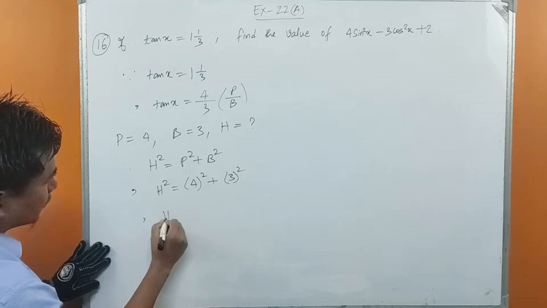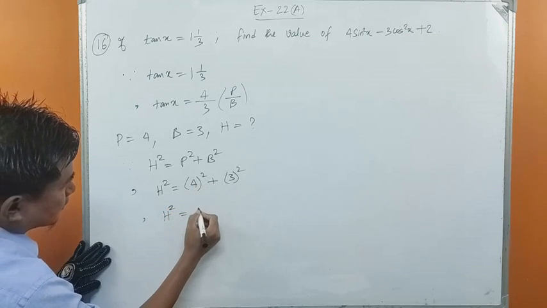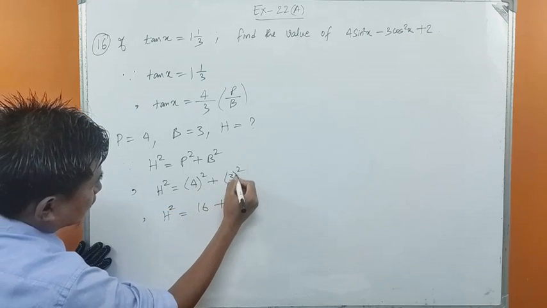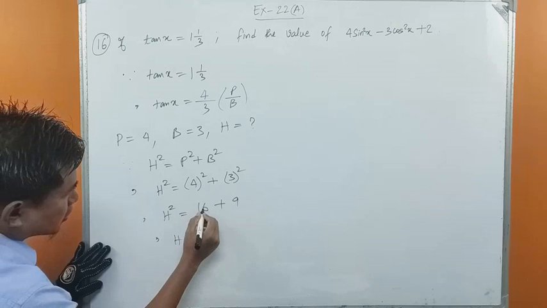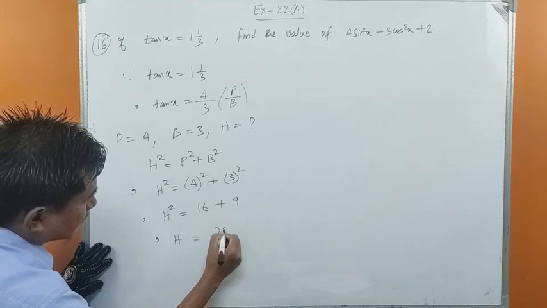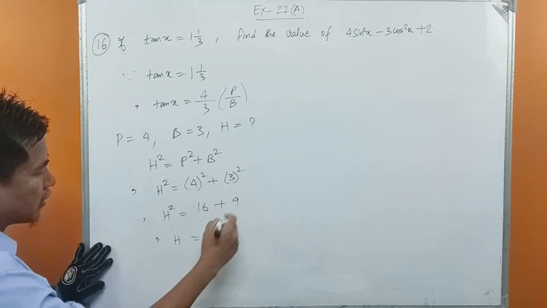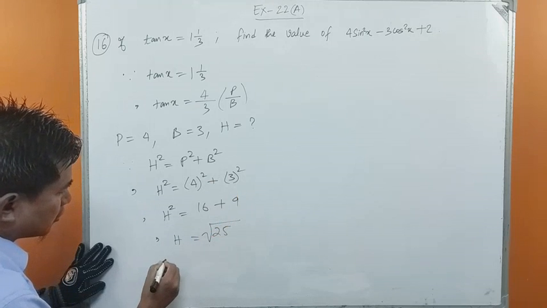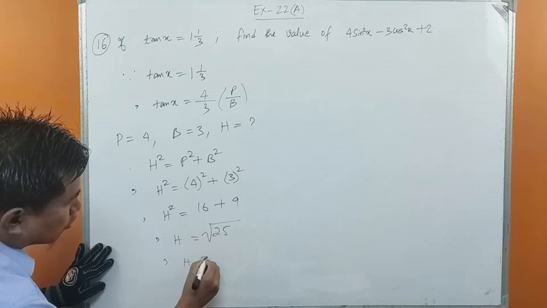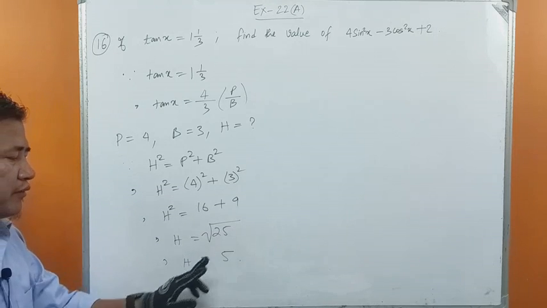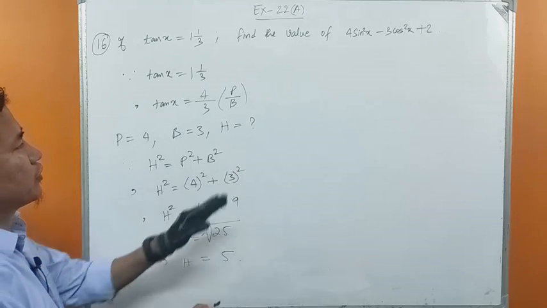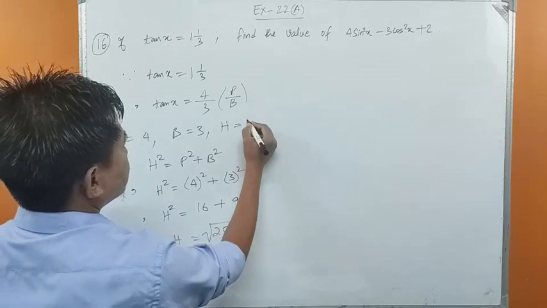So h square equals 4 square is 16 plus 3 square is 9, h square equals 25. Now let us take this square to the right hand side, it becomes square root, so h equals root under 25, which means 5, since 5 5s are 25. So we found h, the hypotenuse is 5.